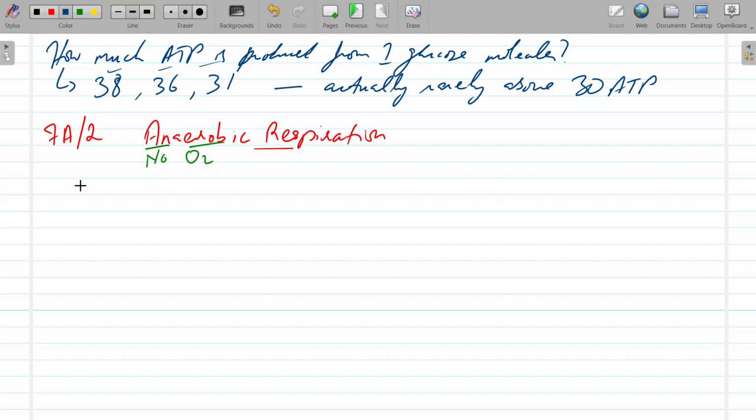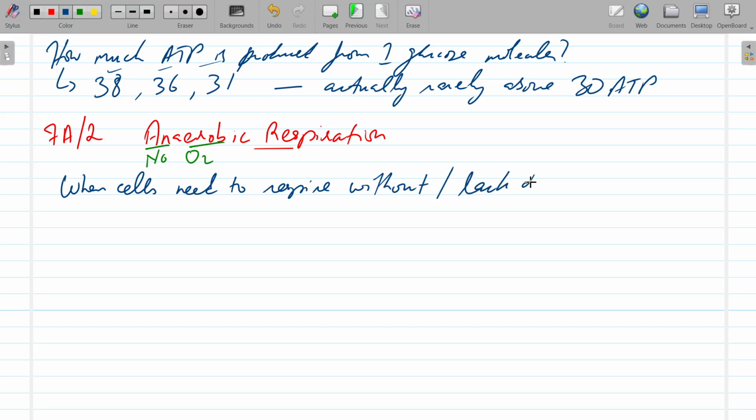And there are conditions when cells have to respire when there's a lack, meaning there's not sufficient oxygen.